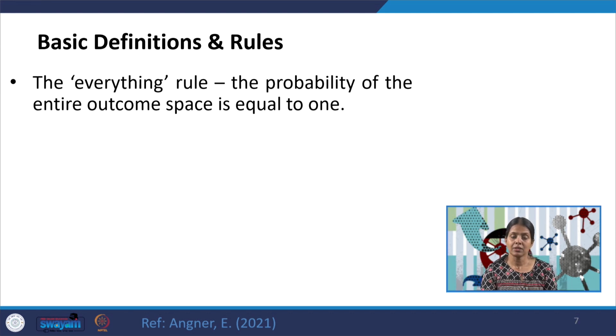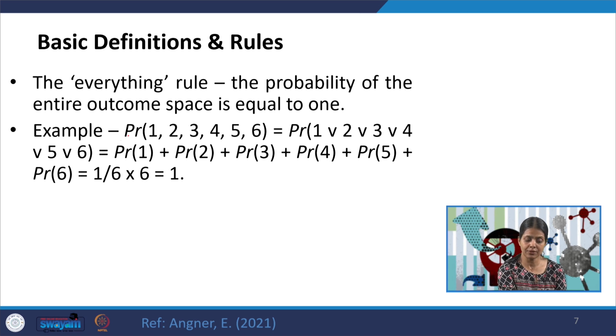Then we talk about the everything rule. The probability of the entire outcome space is equal to 1. So, if I have the rolling dice example, this is basically the outcome space 1, 2, 3, 4, 5, 6. The probability of all of them happening, of course, they cannot happen together. So, I need to apply the OR rule, that is probability of 1 or 2 or 3 or 4 or 5 or 6.